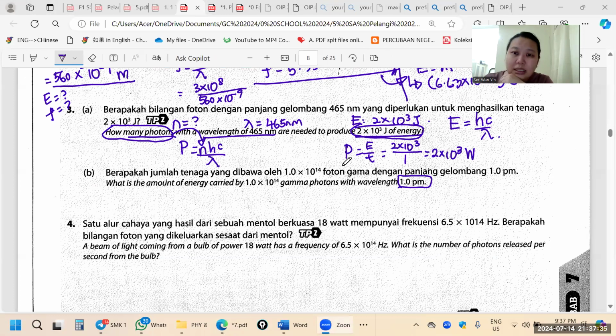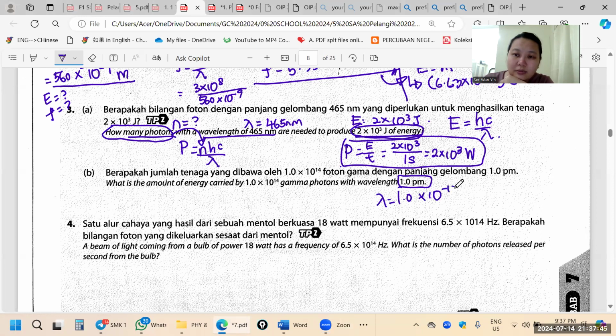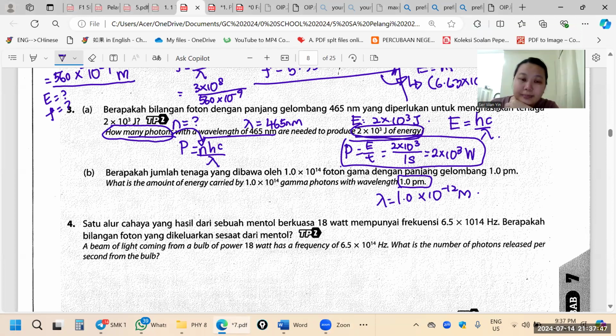Yeah, the T is 1 second. We make it like this. So lambda is 1 times 10 powers of negative 12 meters. Right? So this is n, number of photon.